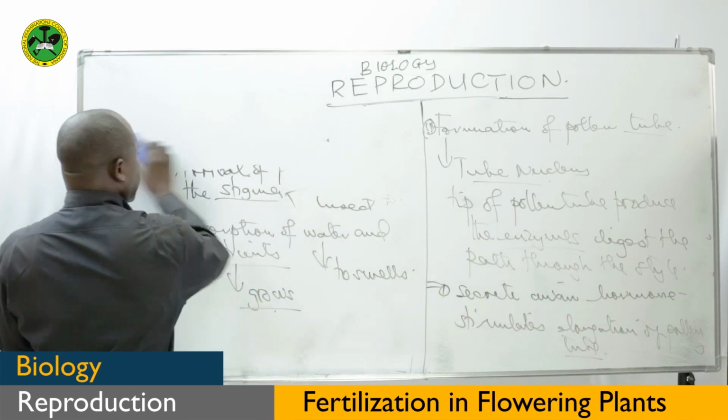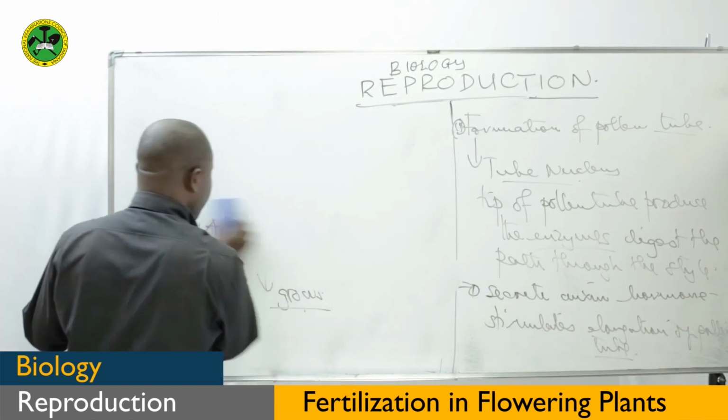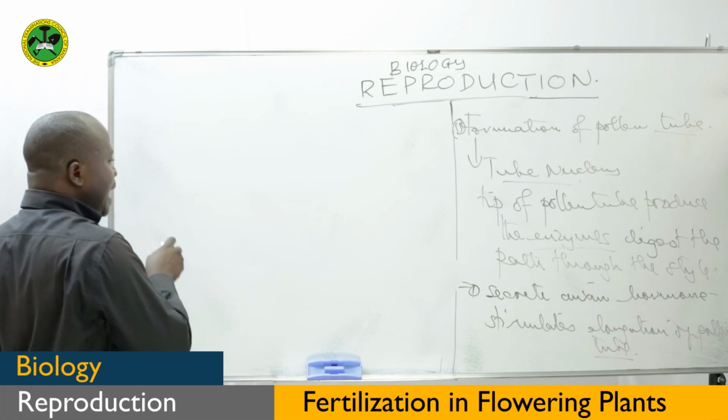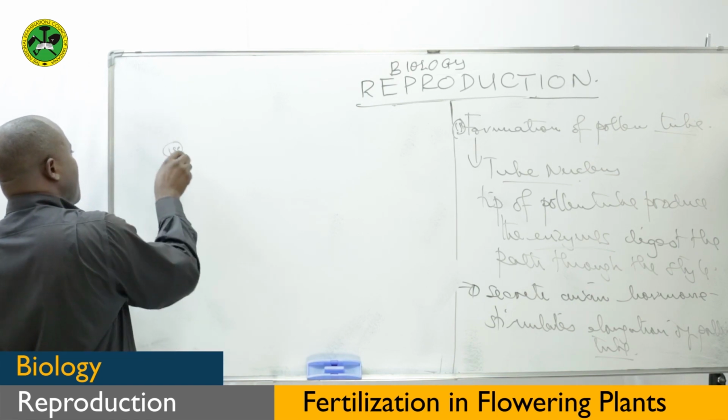The next event, which forms the fourth event, is that the pollen tube arrives at the micropyle.